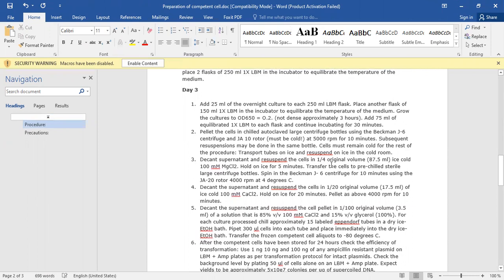Transfer the cells to pre-chilled sterile large centrifuge bottles and spin again for 10 minutes at 4000 rpm at 4 degrees centigrade. Then we decant the supernatant again and resuspend the cells in 1/20 original volume of ice cold 100 millimolar calcium chloride and hold it on ice for 20 minutes.